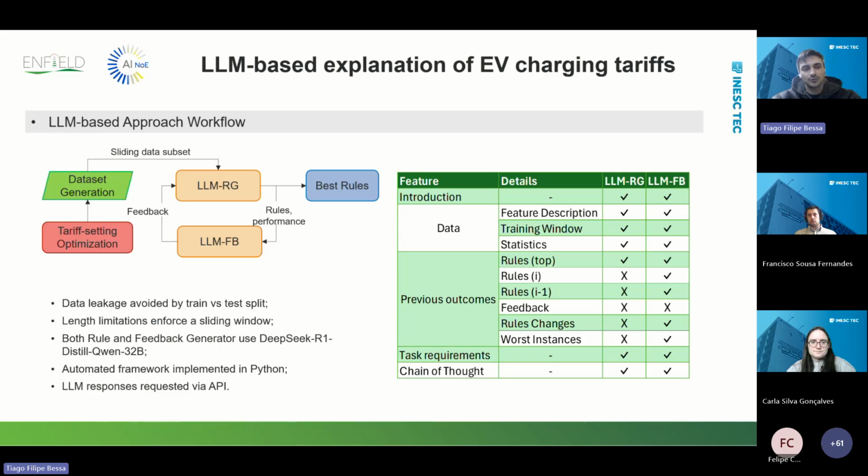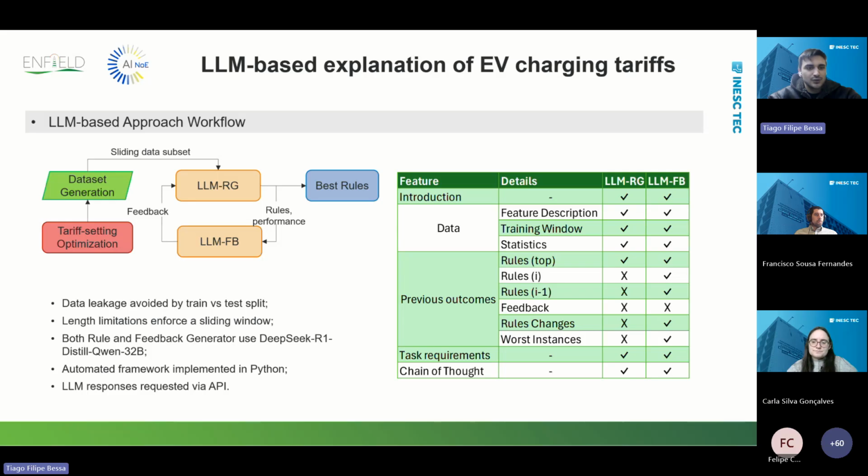One is responsible for generating the rule set, and another one is responsible for providing suggestions or recommendations on how to improve this rule set. This is an iterative cycle, so the recommendations should improve the rule set until we reach a certain goal, like the maximum number of iterations or a minimum prediction error.